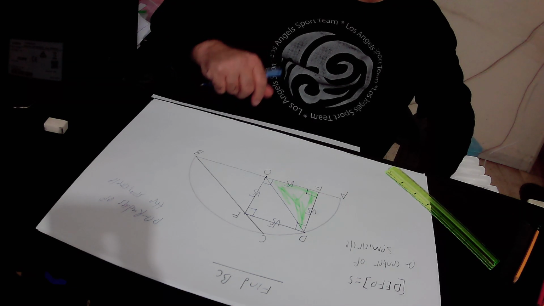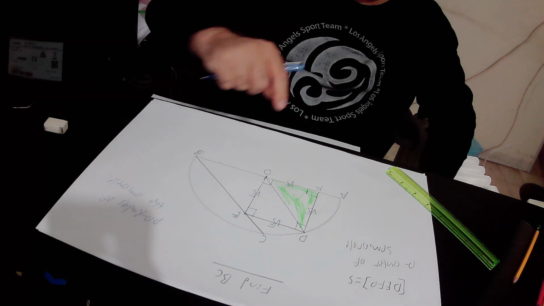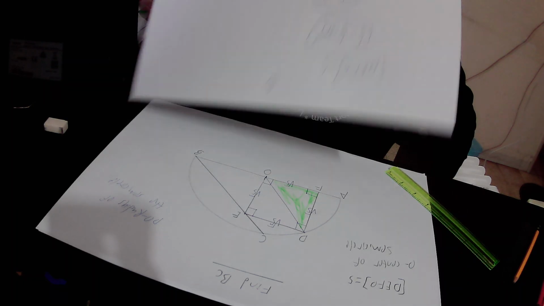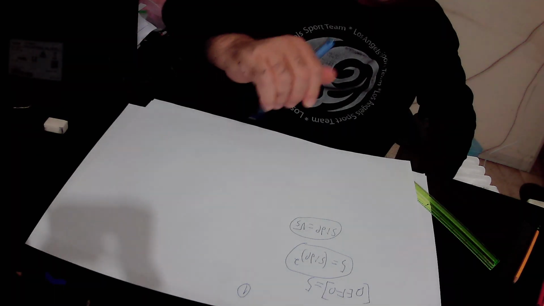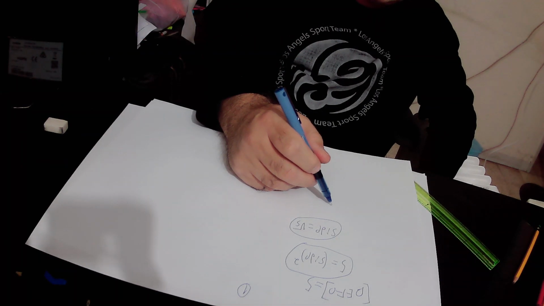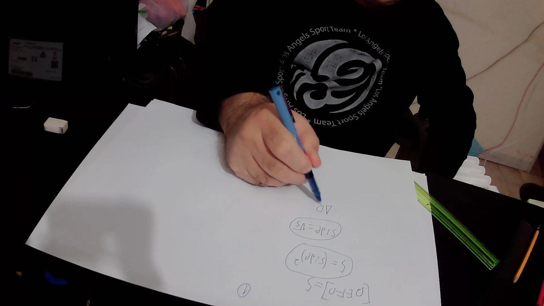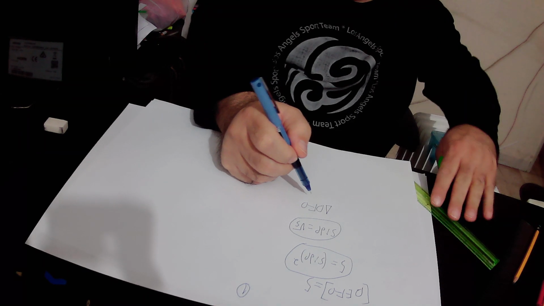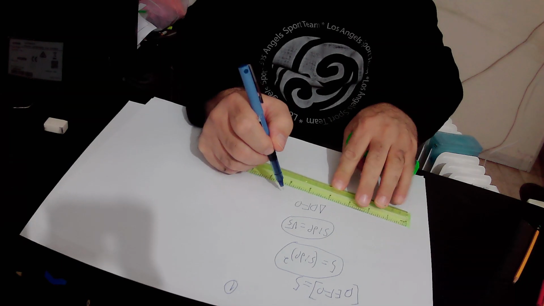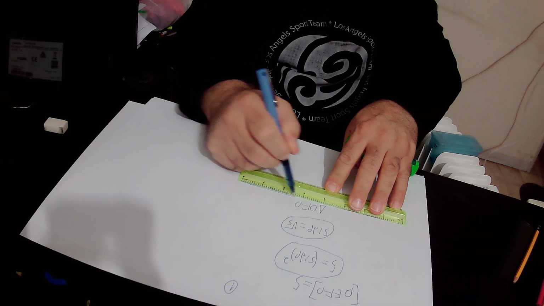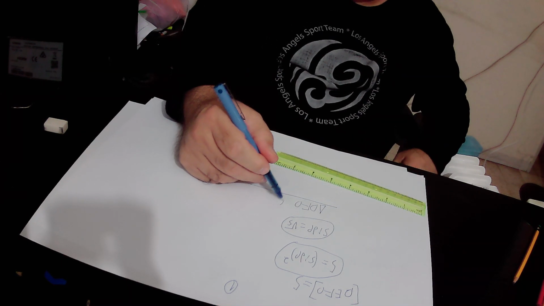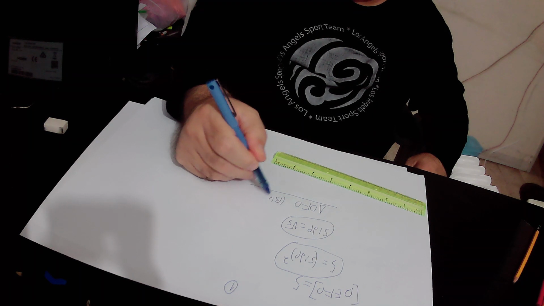In this way we find out the length of the hypotenuse DO. Okay, so we focus on the right green triangle DFO. By PT, PT is the abbreviation for Pythagoras theorem.